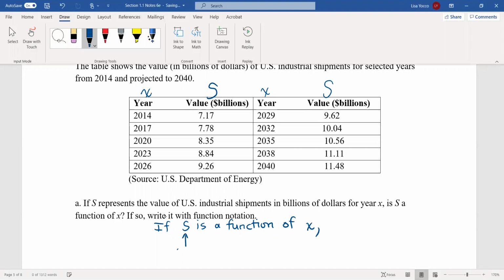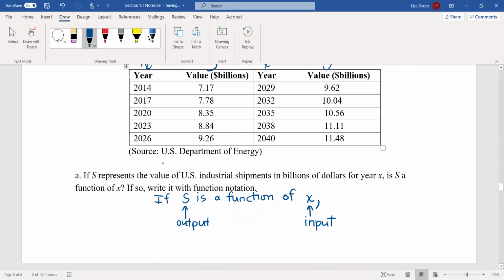Then again, S will be the output and X will be the input. Do any inputs repeat? No, ma'am. Correct. No inputs repeat.